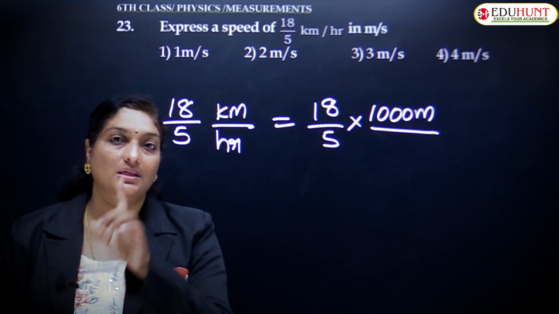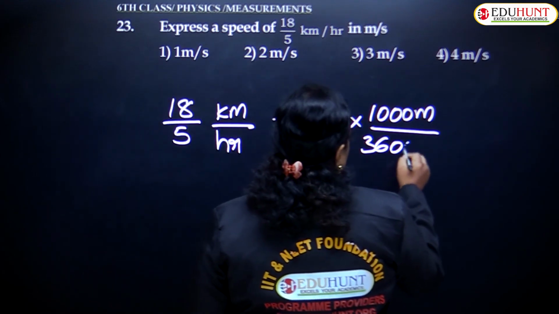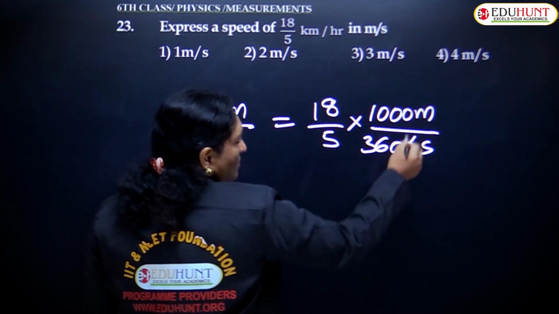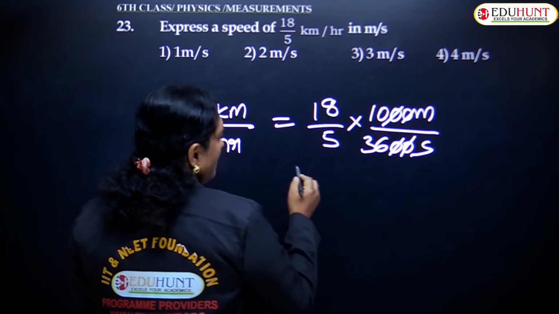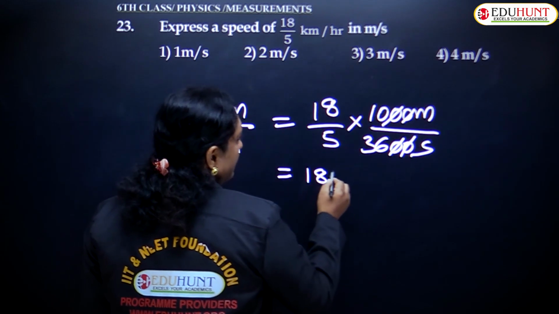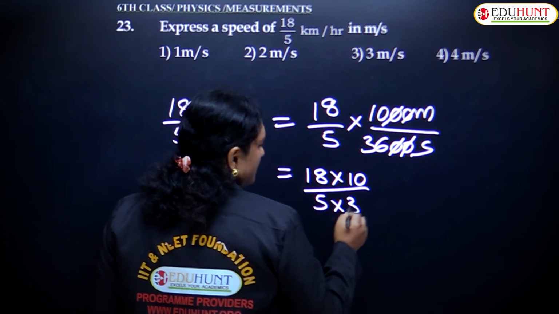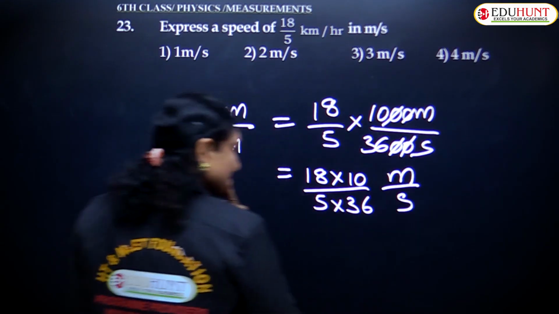So 60 into 60 is 3,600 seconds. Now to simplify, the zeros get cancelled. What are you left with? 18 into 10 by 5 into 36, numerator meter, denominator second.